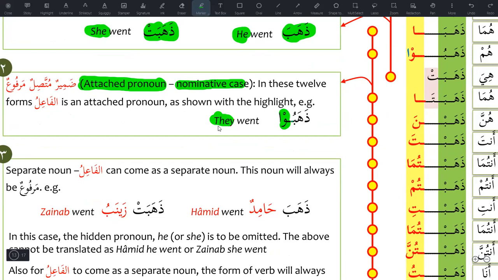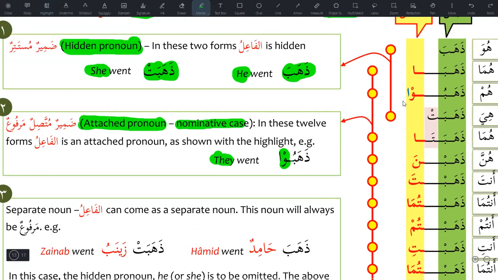Alif is alif al-wiqaya, only waw. I am talking about the waw. This waw means "they," and this is the subject, the fa'il here. Same like this, all these are fa'il.